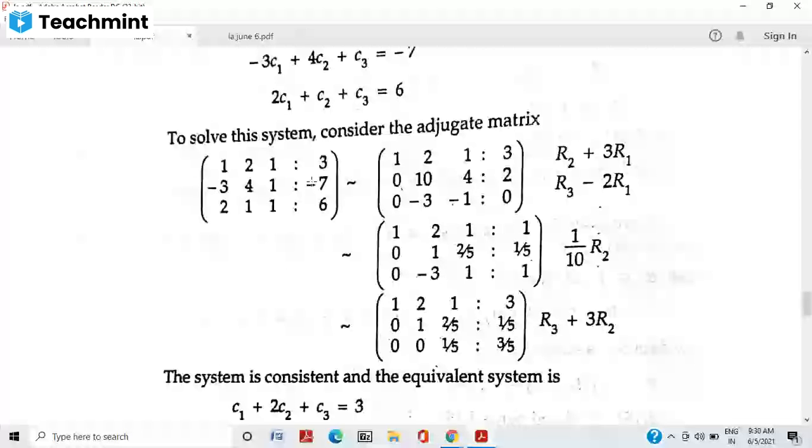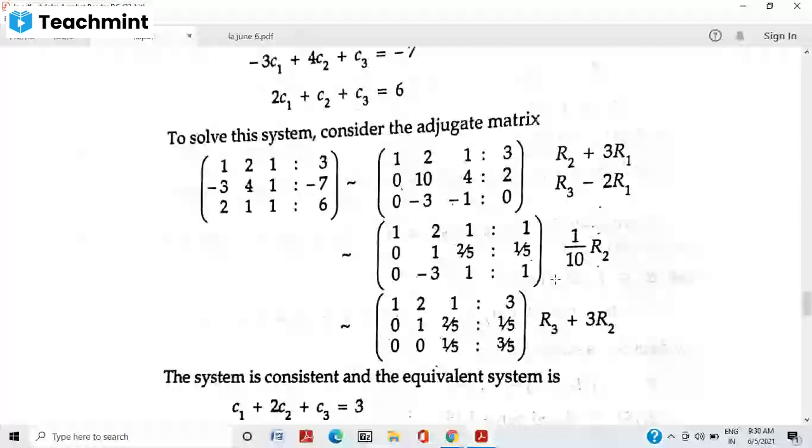You will get 2. Now we got the second row. We should find out the third row. How do we get it? R3 minus 2R1. 2 minus 2, 0. 1 minus 4, -3. Then 1 minus 2, -1. Next is 6 minus 6, 0.